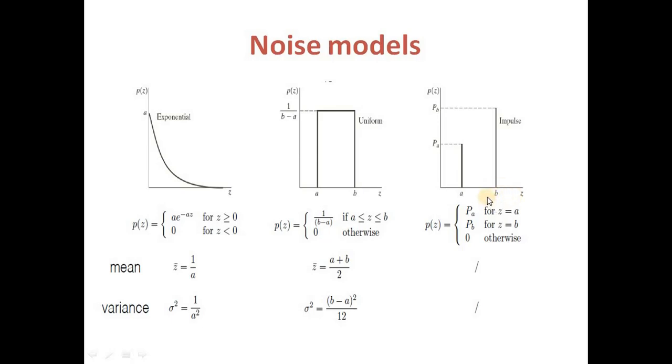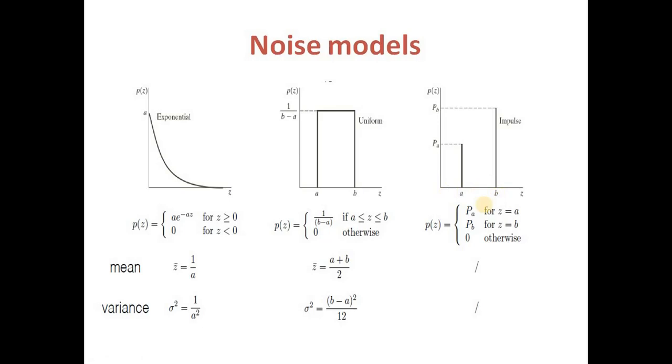So if we have an intensity range of 0 to L minus 1, A is equal to 0 and B is equal to capital L minus 1. So in an 8-bit image, in general, a bipolar noise will be modeled with A equals 0 and B equals 255.